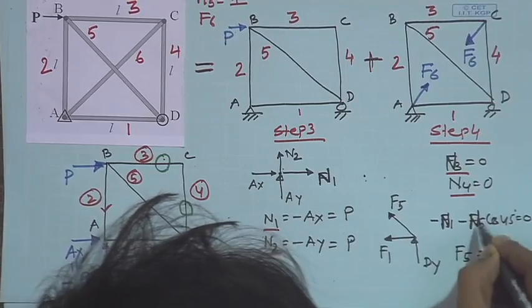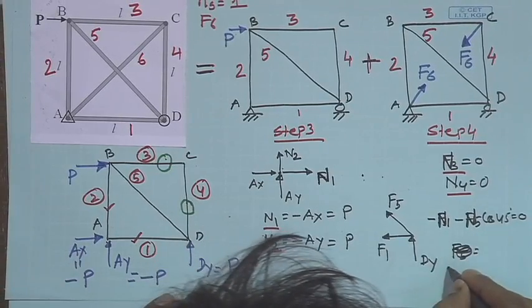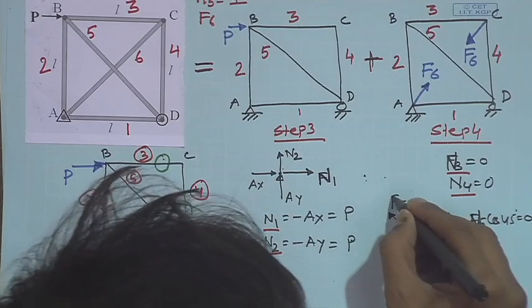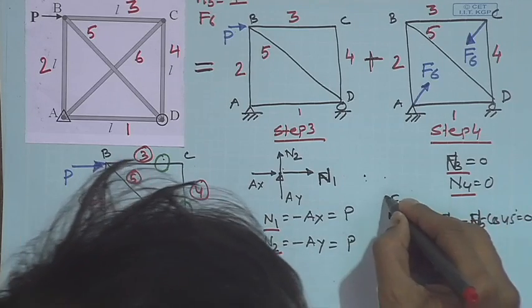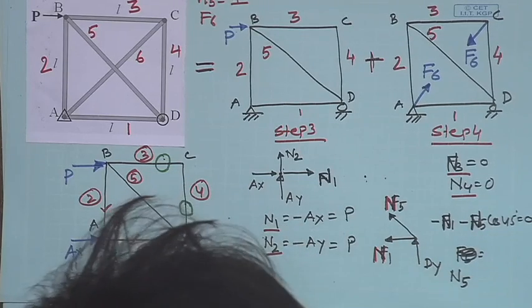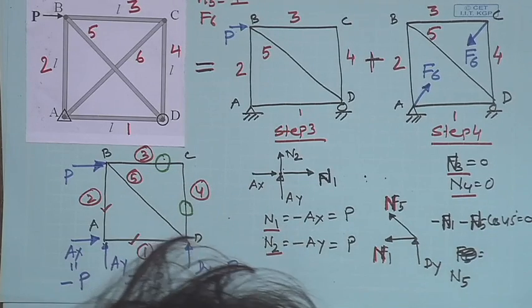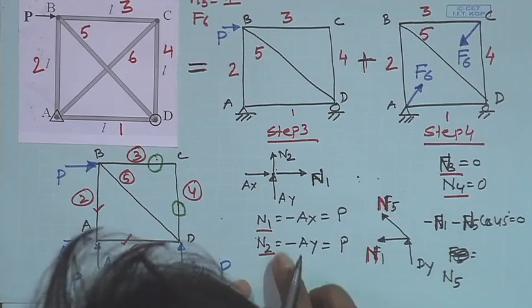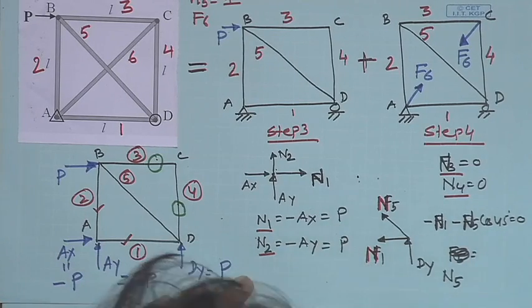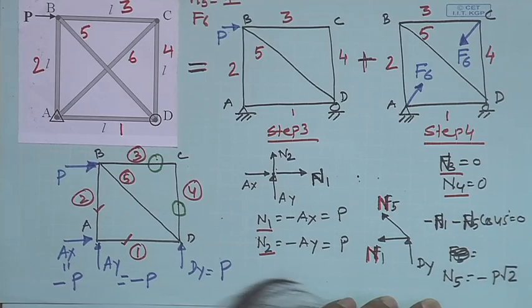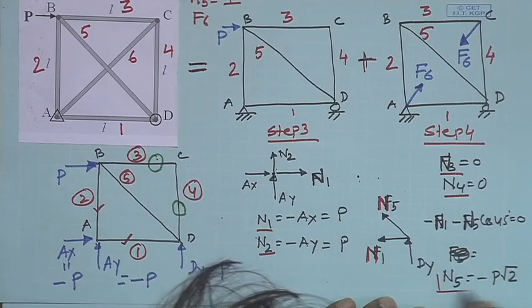This is N1, N5 again, these are all N, okay. And then N5 will be: N1 we already obtained as P, so N5 will be minus P root 2. So, this is N5.